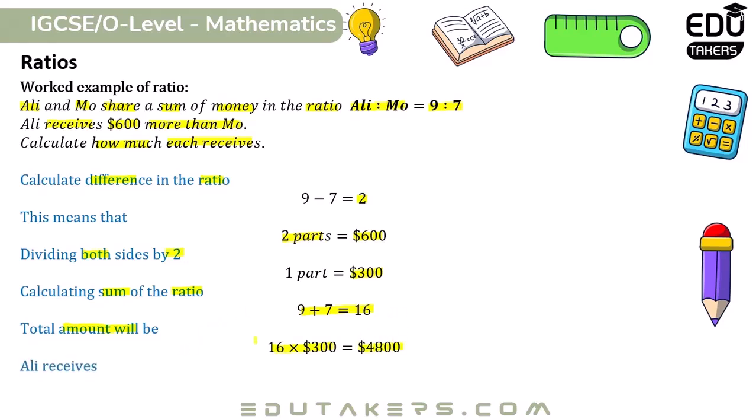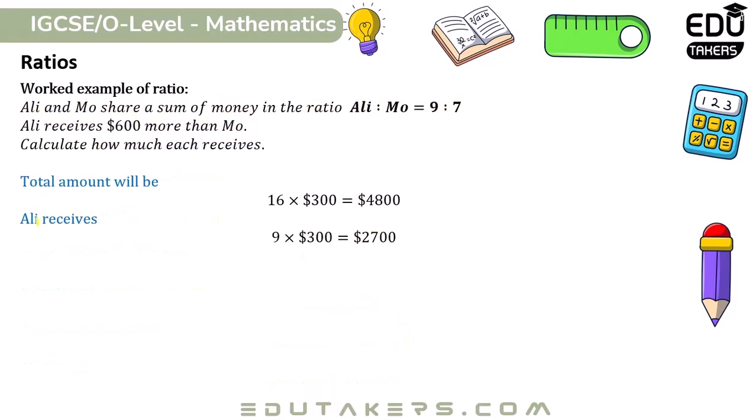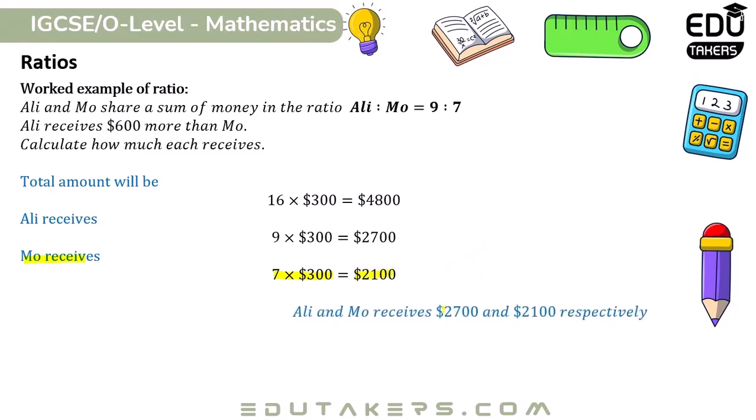Now Ali receives 9 times 300, which is $2,700, and Mo receives 7 times $300, which is $2,100. So Ali and Mo receive $2,700 and $2,100 respectively.